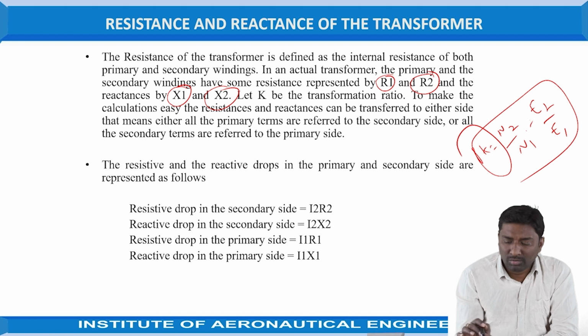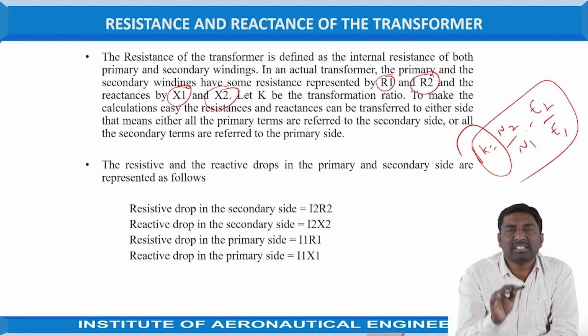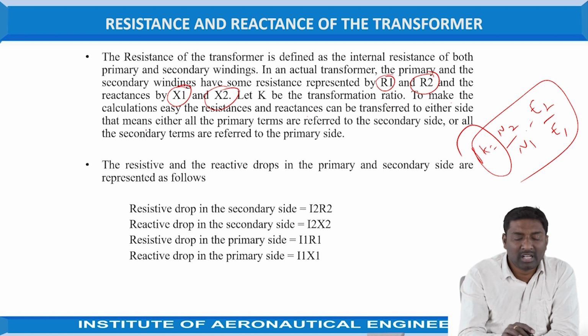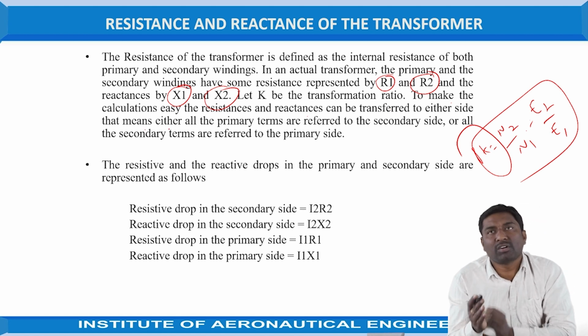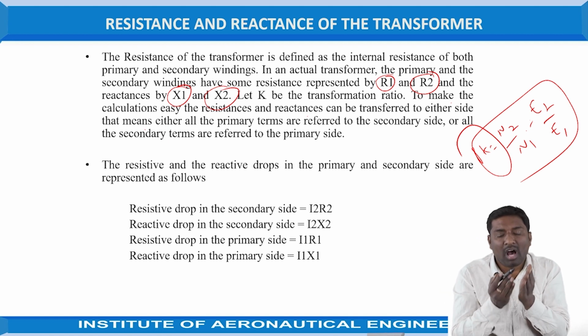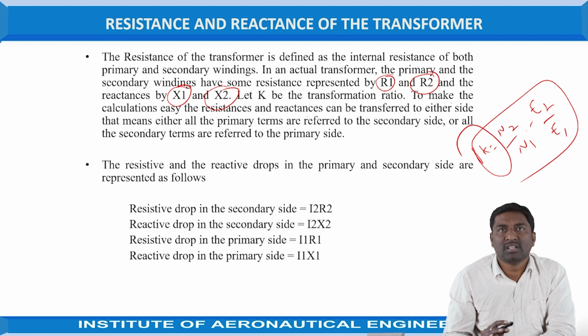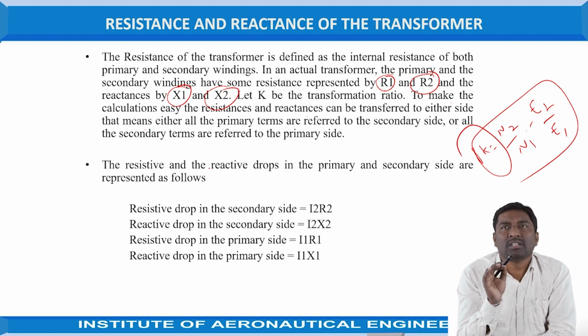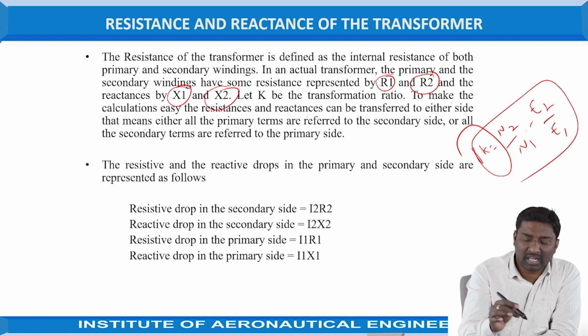To make the calculation easy, the resistances and reactances can be transferred to either side. That means either all the primary terms are referred to the secondary side or all the secondary terms are referred to the primary side. The resistive and reactive drops in the primary and secondary sides are represented like this.